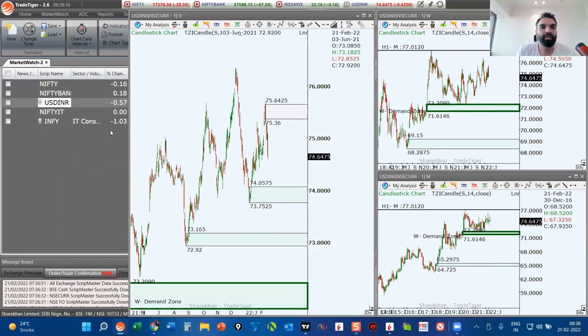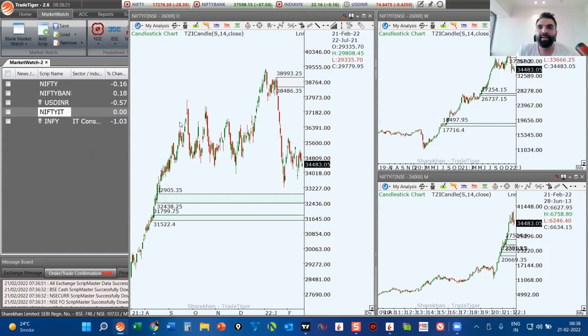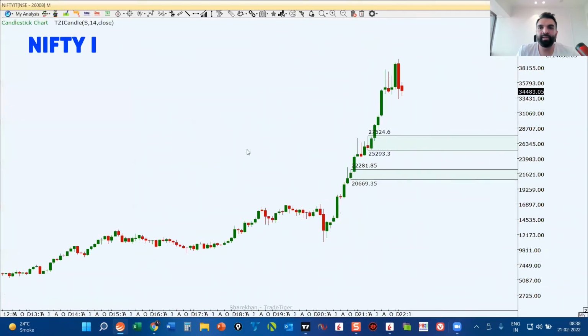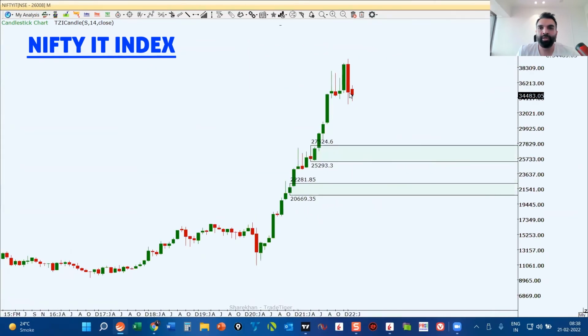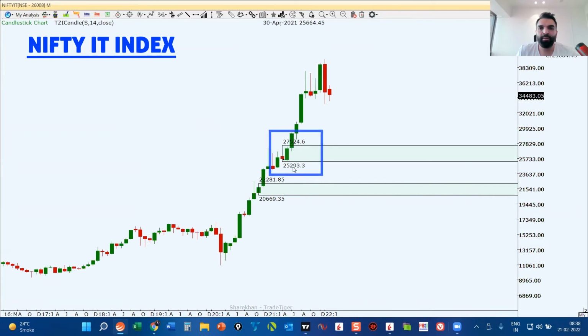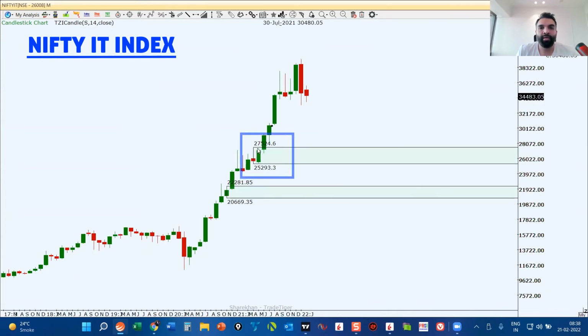The sector for this week that we are looking at on the charts is the IT sector, and the IT sector has reasonably done well. If you look at the monthly chart, it has printed an all-time high, and right now it is more or less consolidating or in a slightly corrective phase, where you see a monthly demand zone, plotted by a TZI tool, which is Trade Zone Identification, located at 27,524, but this is obviously with a longer term perspective.